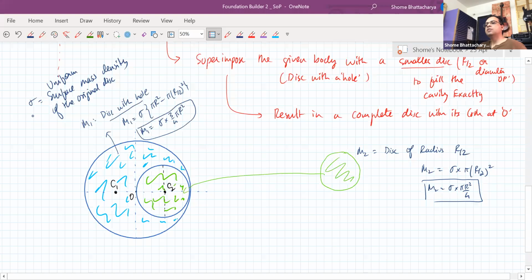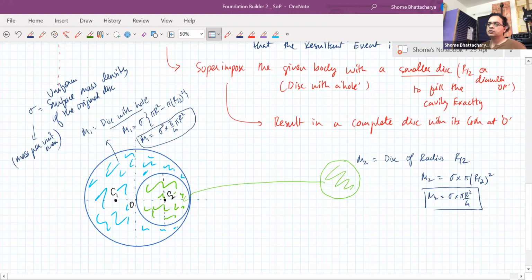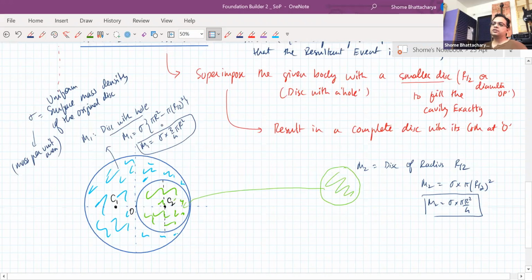Or in simple terms, it is mass per unit area. So this is mass per unit area into this one's area. So this one's area is the full disk minus the hole. So the hole actually has 1/4 of the area of the full disk. So it becomes sigma into 3/4 of the full area. And this is sigma into 1/4 of the area.